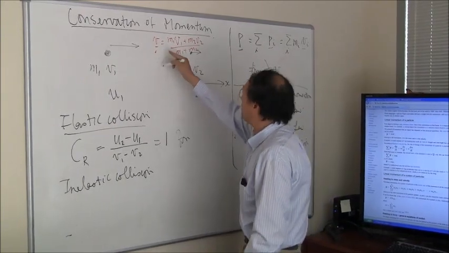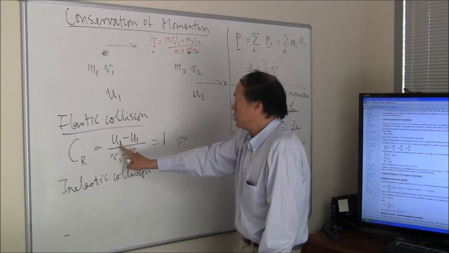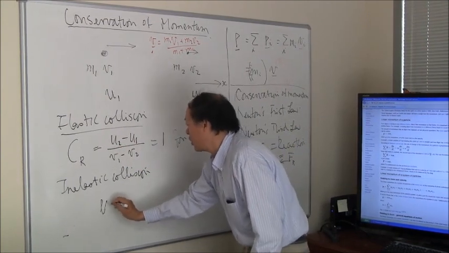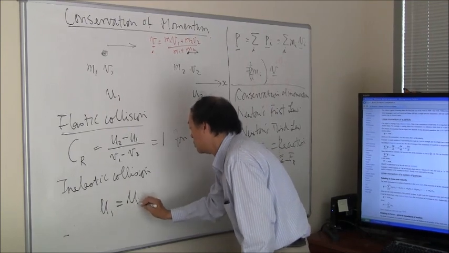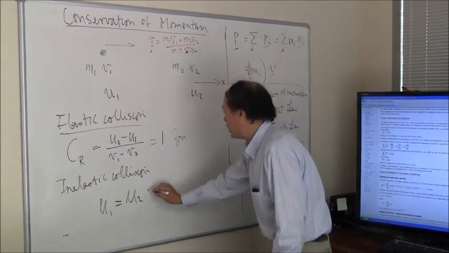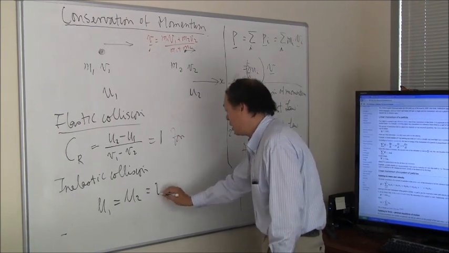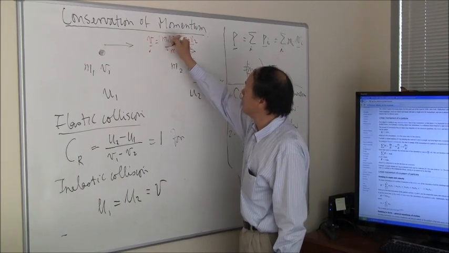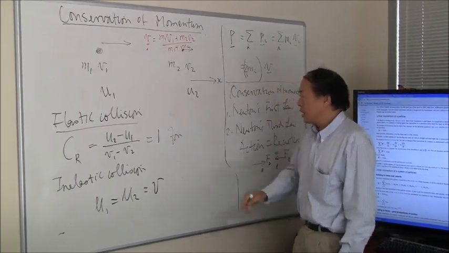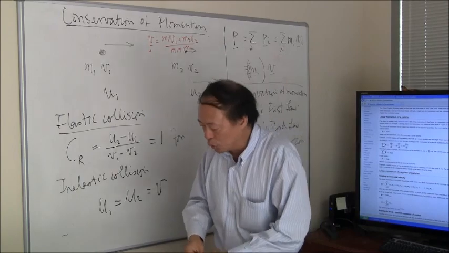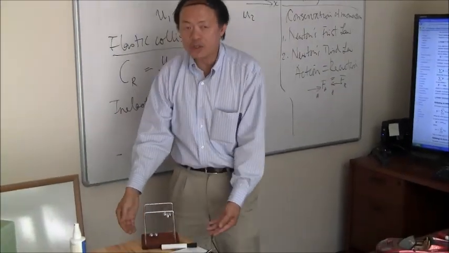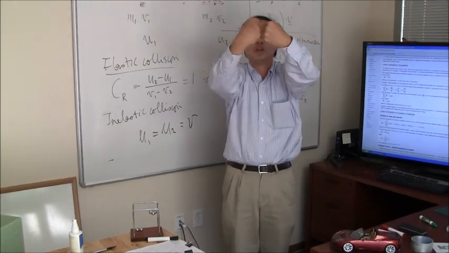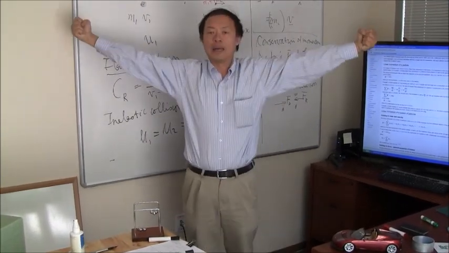The resulting velocity is no longer u1 or u2, but u1 is equal to u2, which is then equal to v, given by this formula here. So this would be a case where you have a loss of kinetic energy, because it's just like two objects bang into each other, they no longer bounce back out.